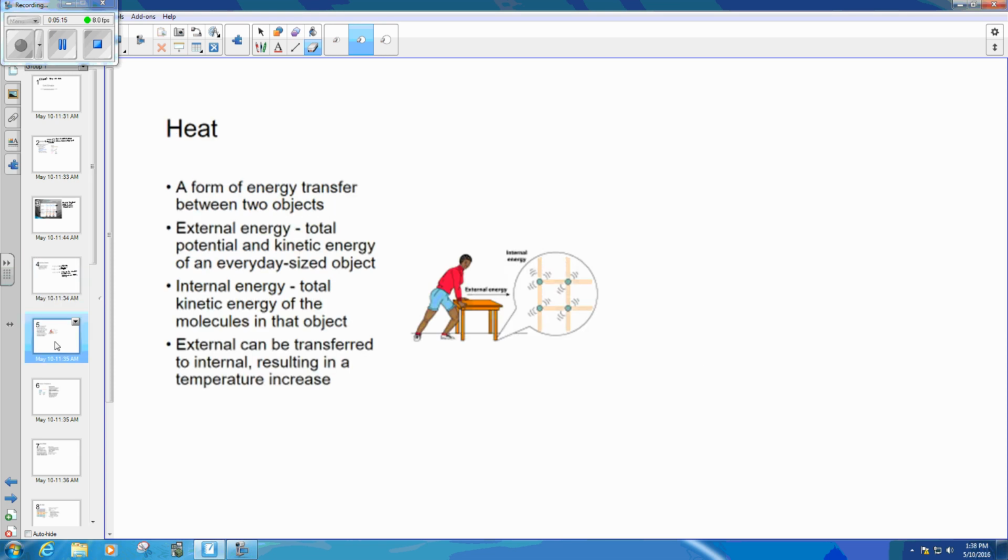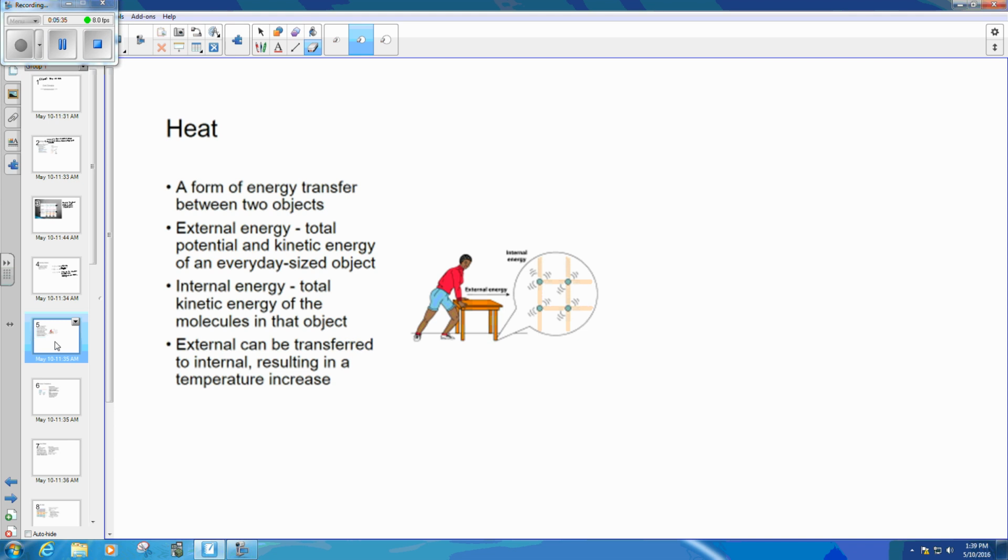How about the heat? Well, heat is the energy transfer that occurs between two objects because of the temperature difference. And so if I have two objects and there is a temperature difference, there will be a flow of heat.